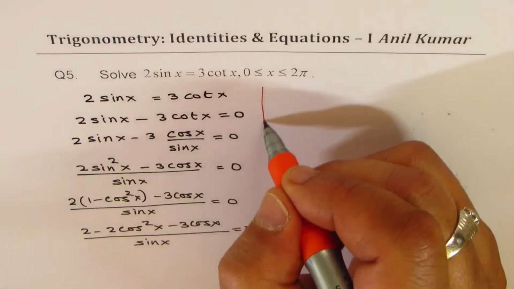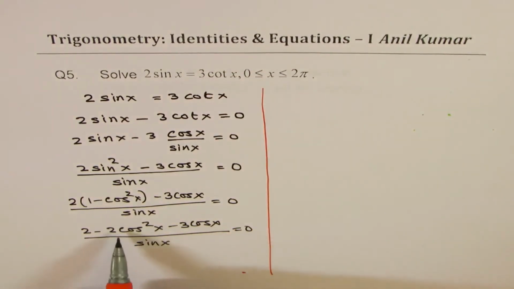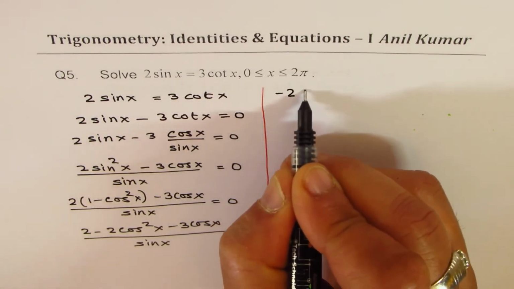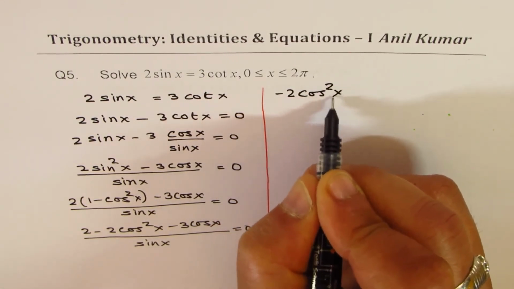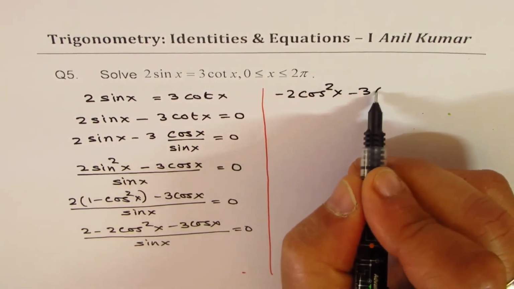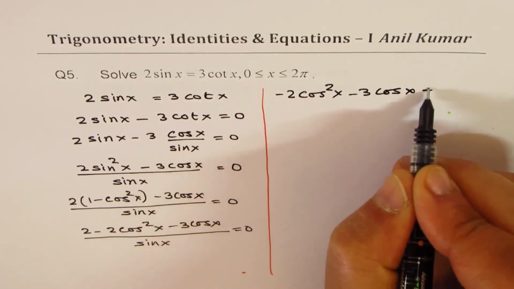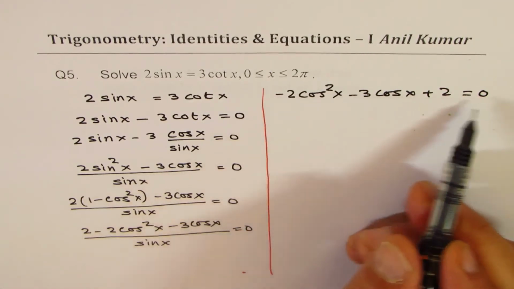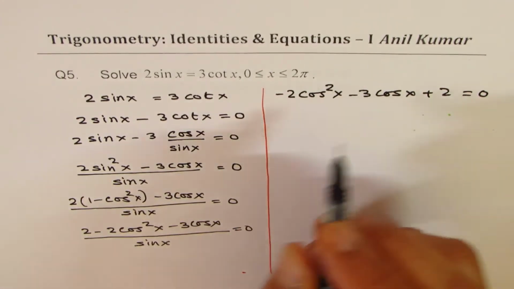Now, for this equation to be true, numerator should be 0. Is that okay? So we'll equate the numerator as 0. So let me rearrange and write this as minus 2 cos square x minus 3 cos x plus 2 equals 0. So we could actually multiply by minus 1 just to get rid of the negative sign.